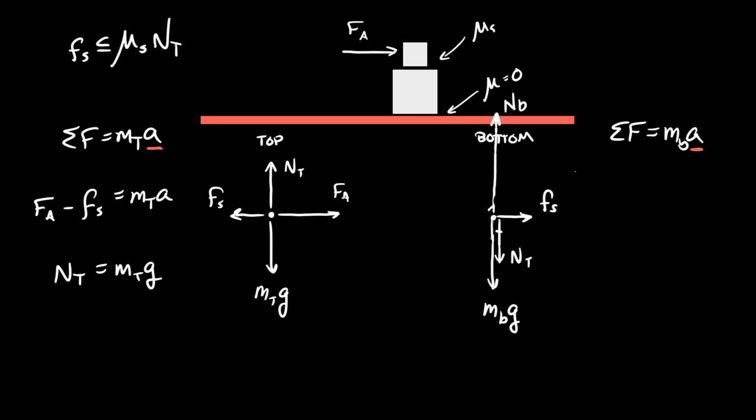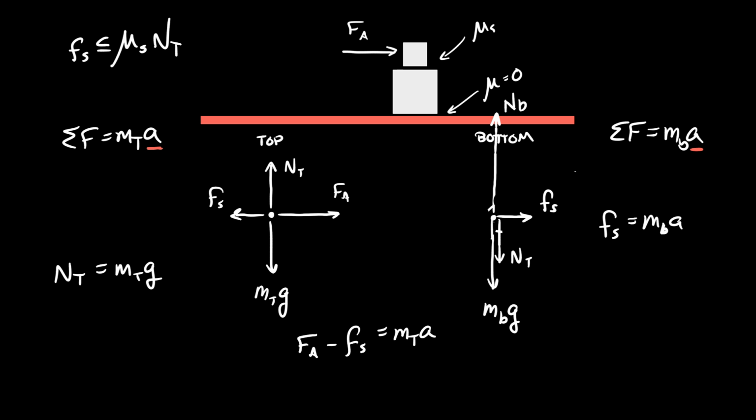And over here, we know the frictional force is equal to MBA. Now, here's the thing. You might think, well, I can answer the question. Just like we did the last problem, I can take these two things. Oops, I guess I can't take those two things.